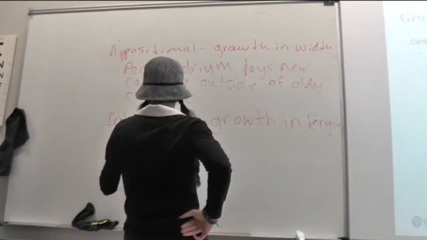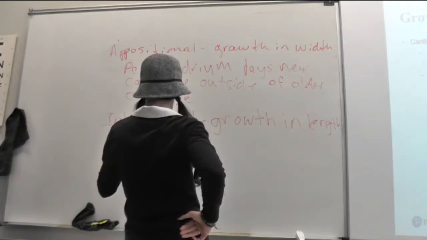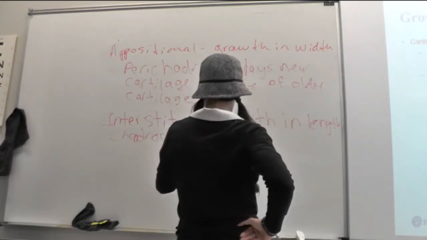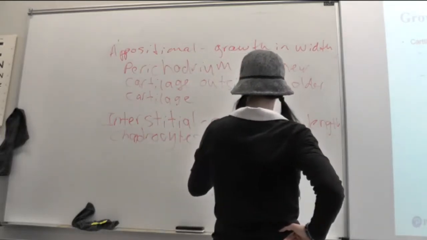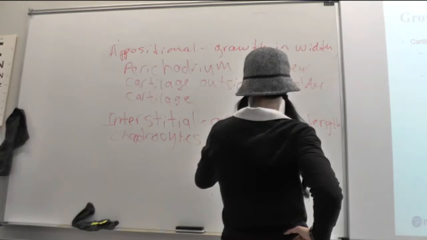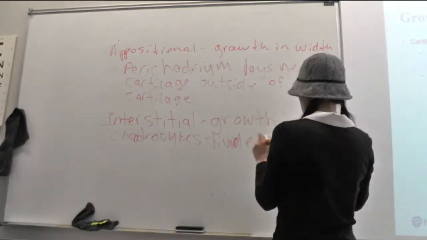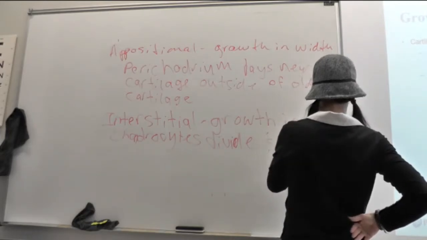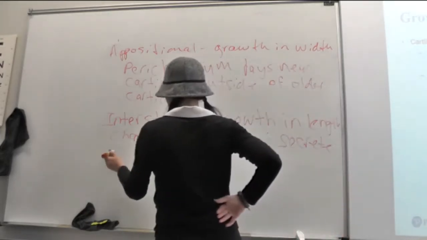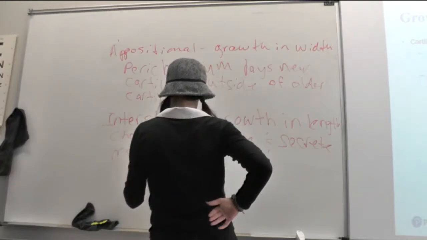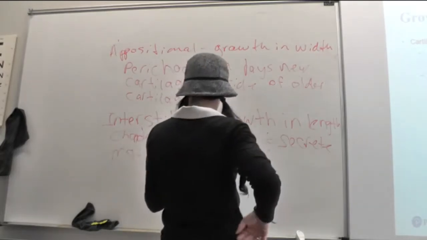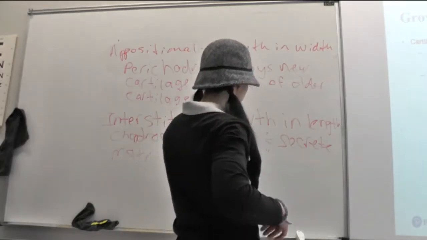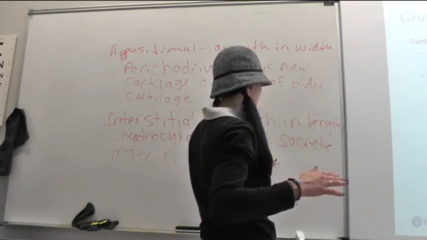And here our chondrocytes divide and secrete extracellular matrix. So they kind of grow up and out. So they push away from each other and then trap themselves in the lacuna, and that's how we're growing up.